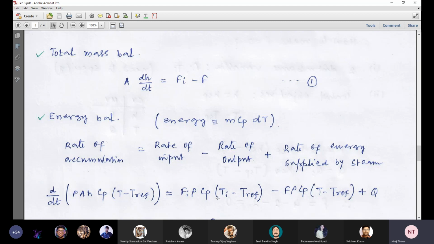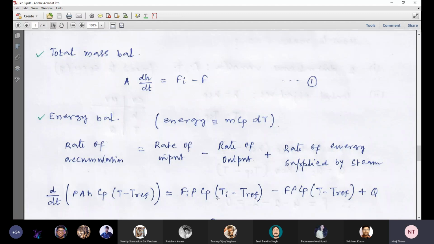The lead author is Professor Prausnitz. Now if you collect the data for A, B, C from Prausnitz or Perry's handbook, you will see that they have reported this A, B, C data considering T reference equal to 25 degrees Celsius.